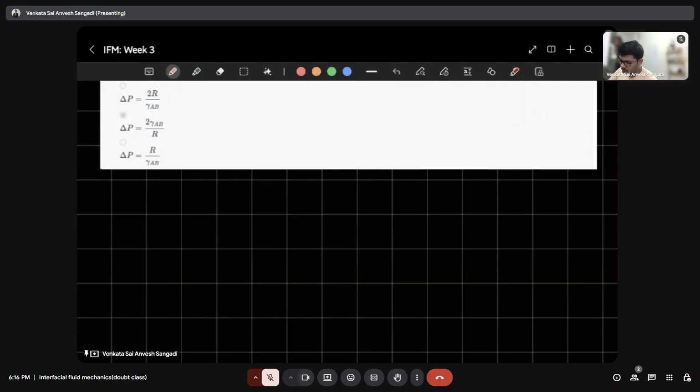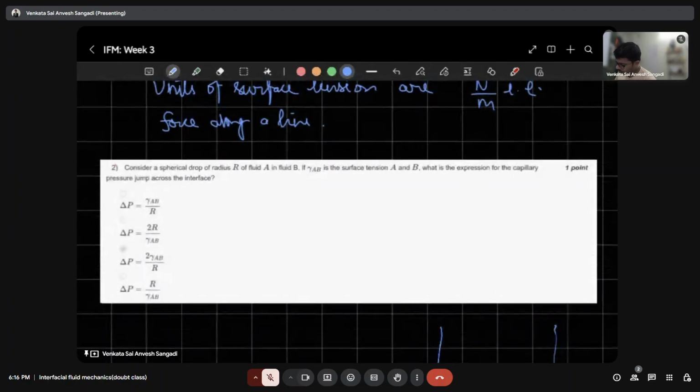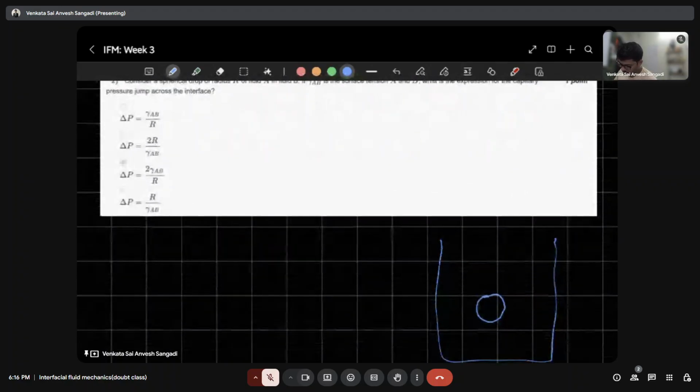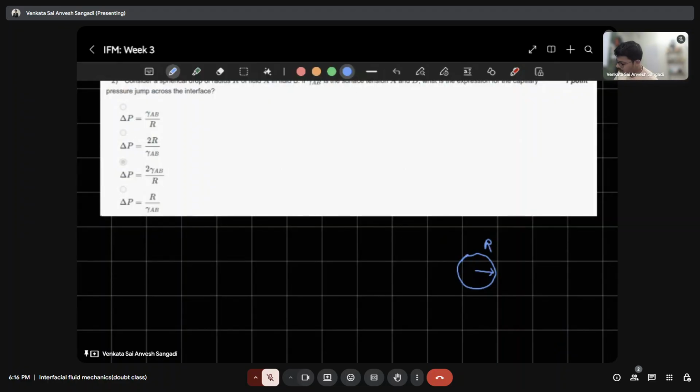So we have a spherical drop, and we don't need the container. A drop of radius r. The question asks, what is delta P?